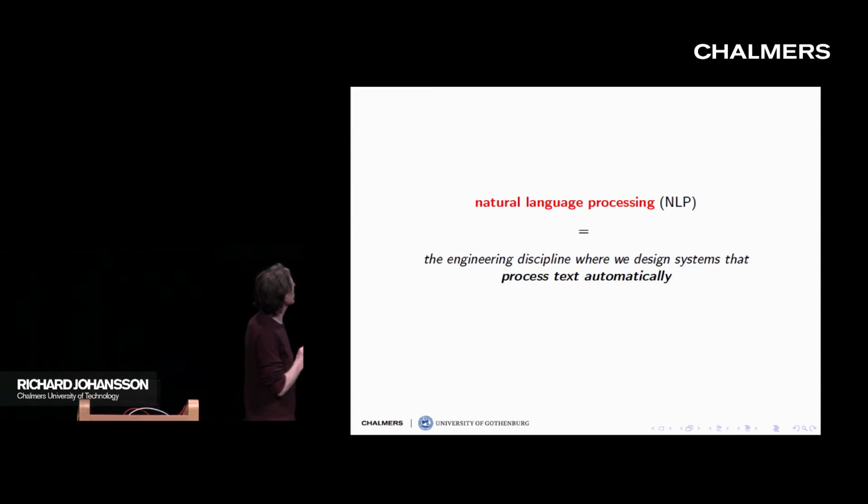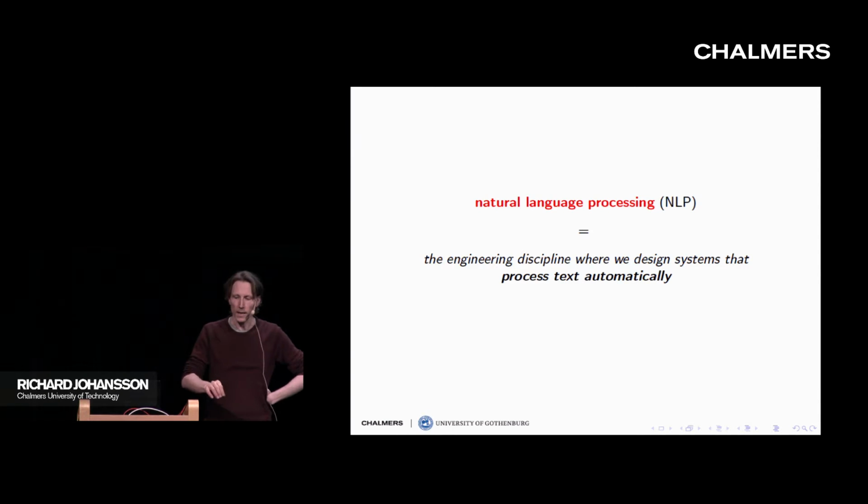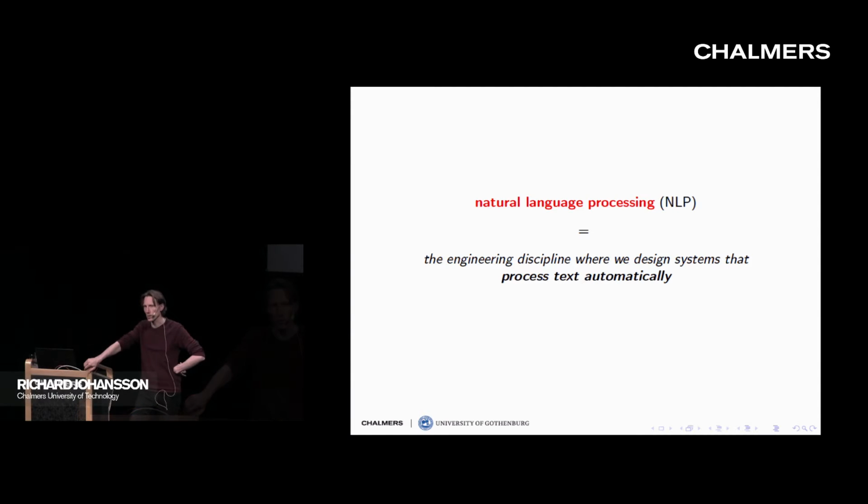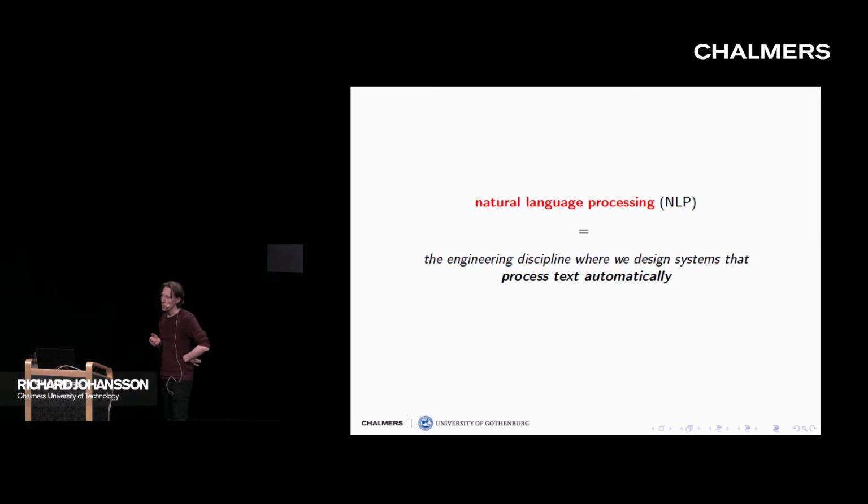Okay, so what is natural language processing? So my practical definition would be that it's the applied science of building software tools for, well, doing something useful with textual data as input. Well, I think we are all familiar with that.